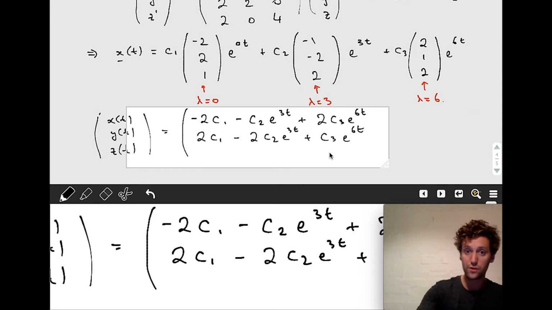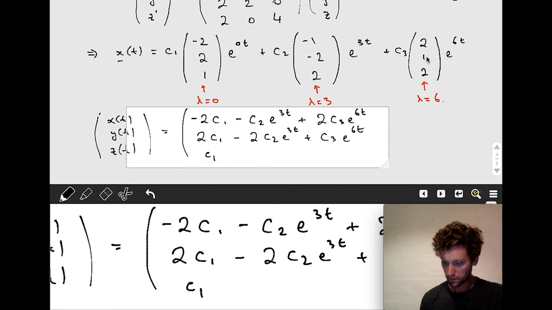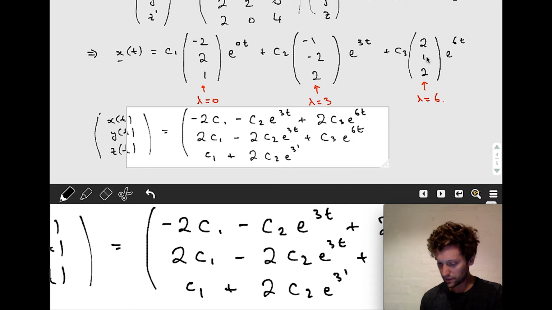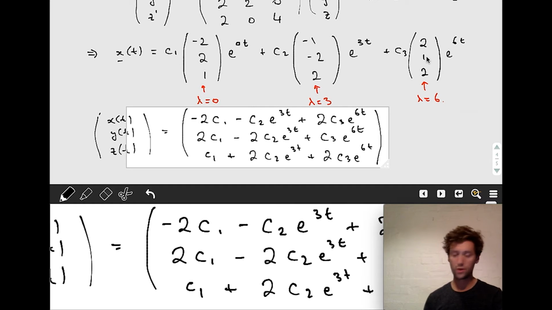So you notice that I'm just reading off each row here. Last row we have c1 plus 2c2 e to the 3t plus 2c3 e to the 6t. And that's our solution in terms of those coefficients c1, c2, and c3.